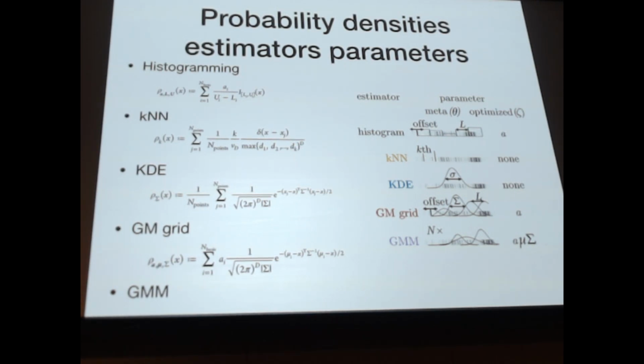And then in the case of these Gaussian-based estimators, basically the density is a sum of Gaussian functions with variance sigma and amplitude a here. The difference between these three methods is then the way the parameters to be optimized or not are set. So in KDE, basically, you will put a Gaussian at every point that you consider.